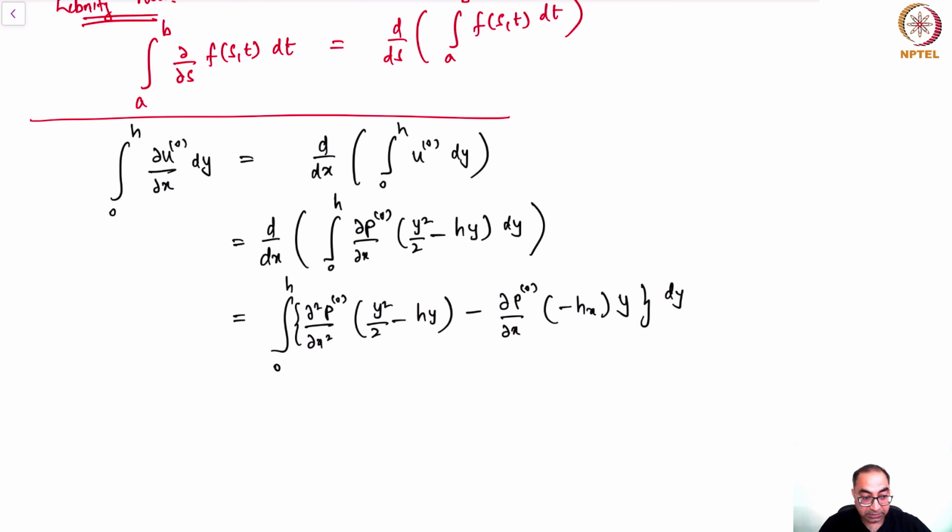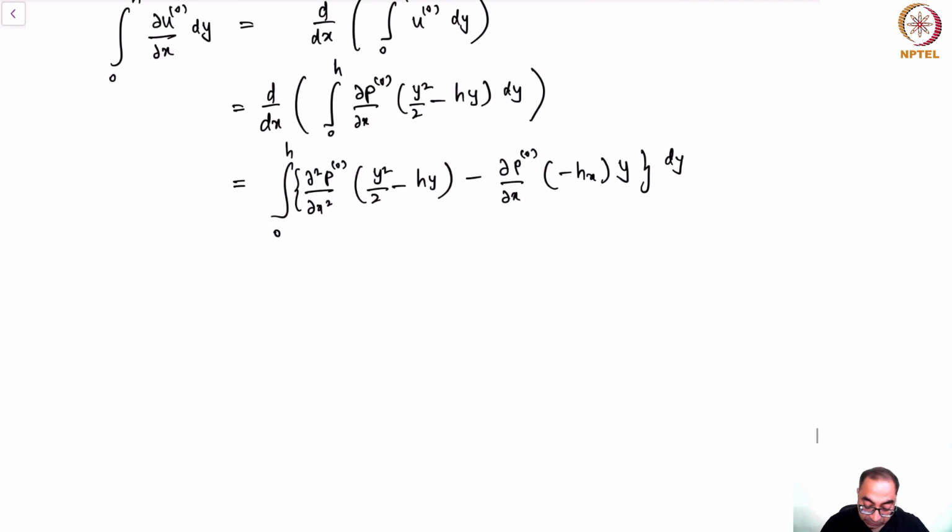I will leave it to you to do the integration. It's a straightforward integration. ∂²p0/∂x² can come out. I have y squared over 2; integrating, y squared essentially becomes y cubed over 3. And I have to substitute, the integral is from 0 to h. So I have to do the same thing for the other terms. And what do I get?